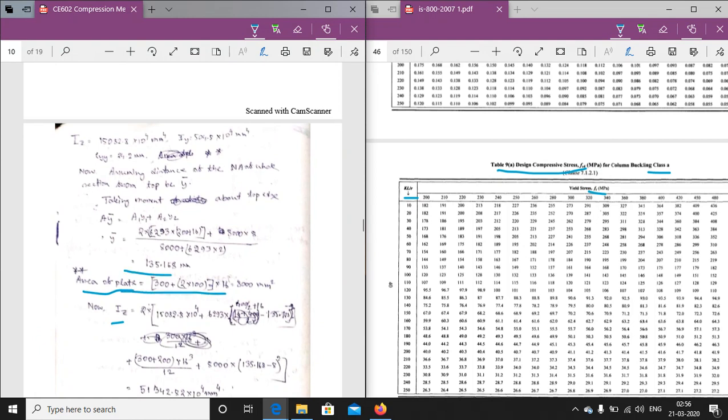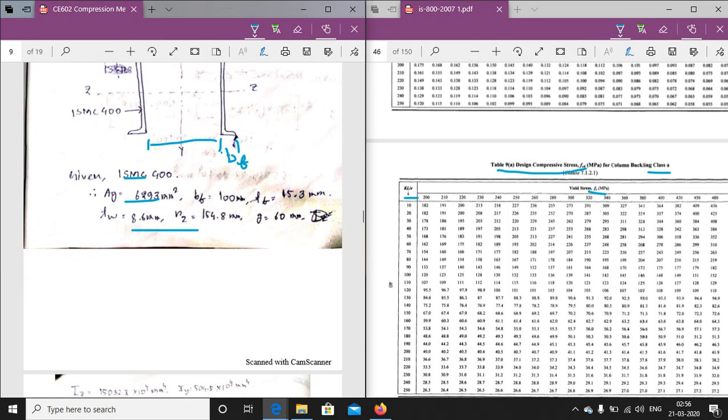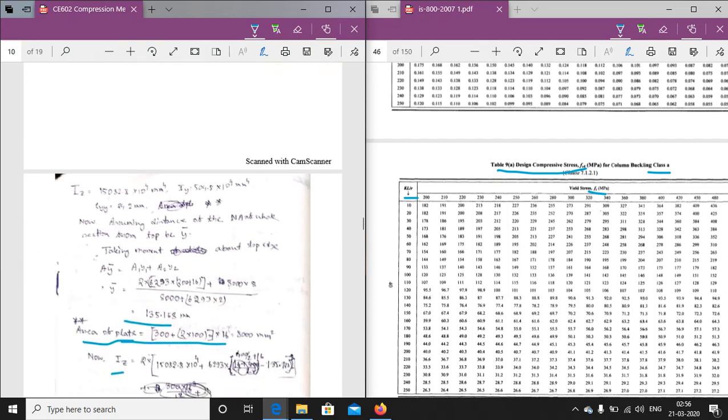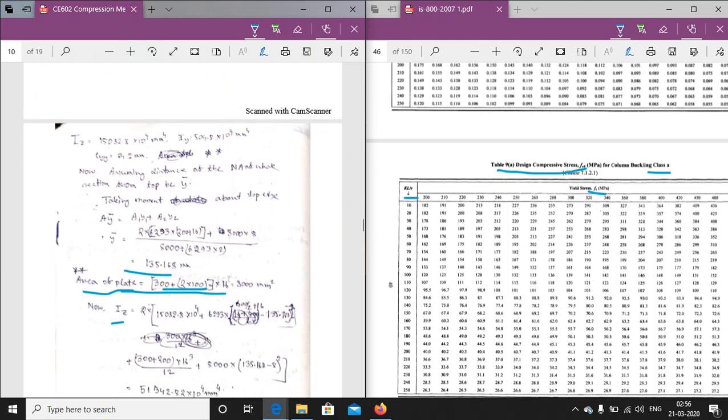Now if this is 300, and then this is the width of the flange, that is BF. So 300 plus 2 into BF into 16, the thickness is equal to 16. So we are getting 8000.